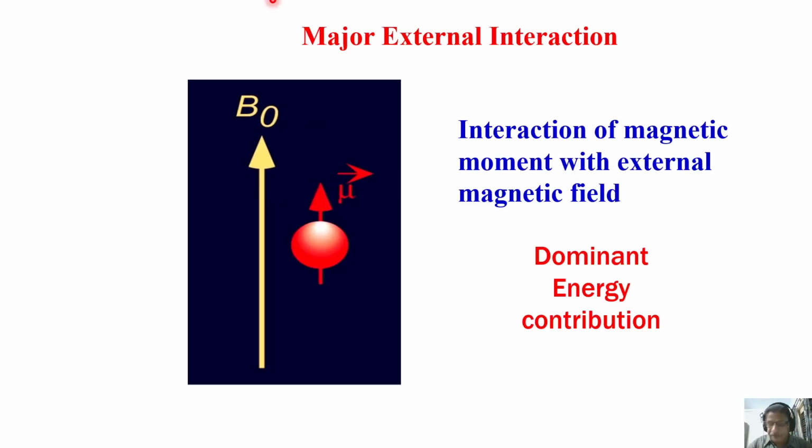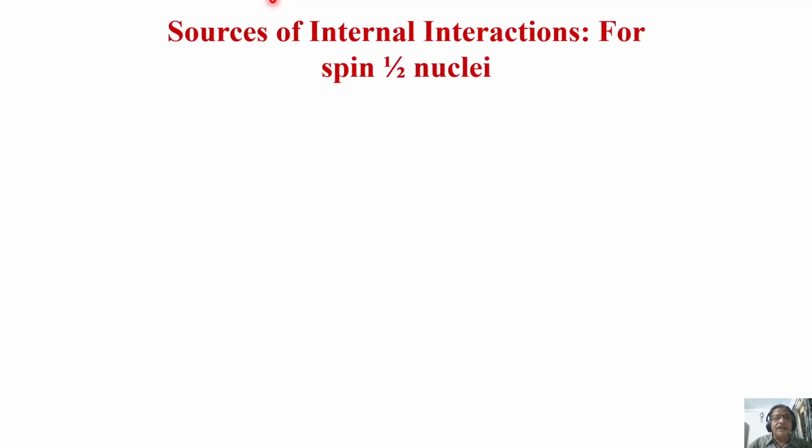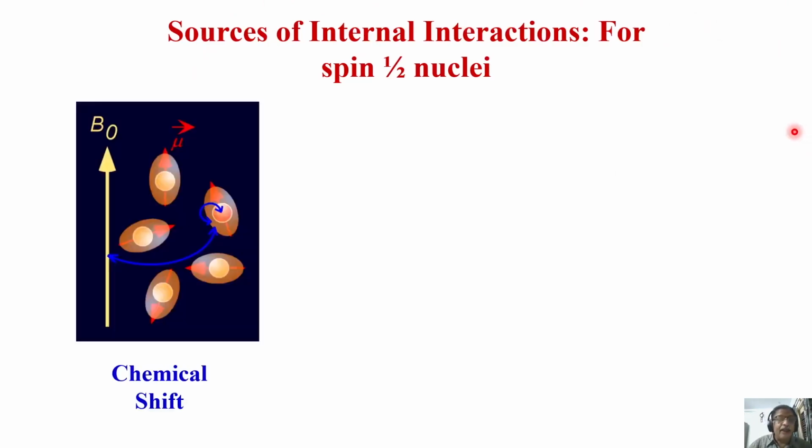Now let us look at the sources of internal interaction for spin half nuclei and which is dominant. We'll come to that later. First, chemical shift. As I said, chemical shift arises because the nuclear spins are not bare spins. They are not simply bare spins sitting; the nucleus is surrounded by electrons.